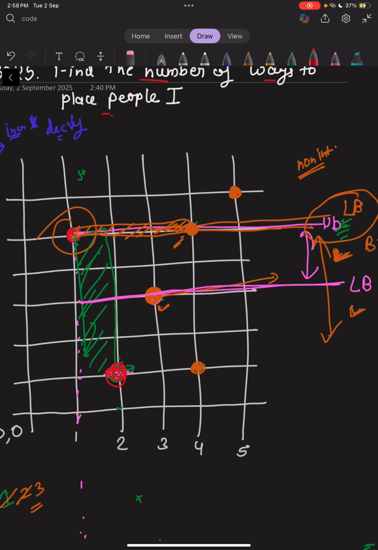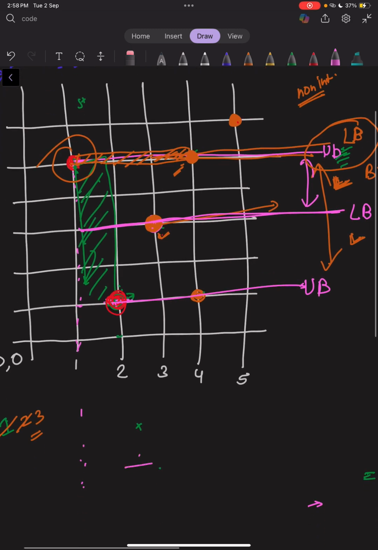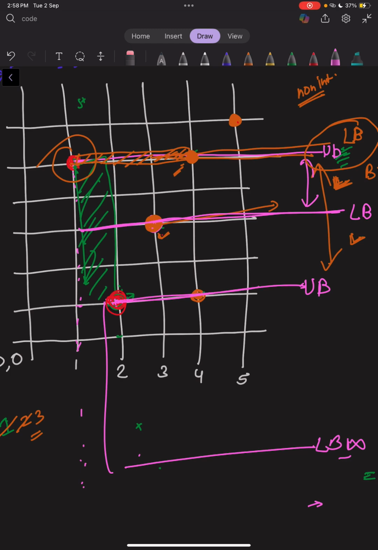The boundary for this one will reset to this, which is minus infinity. And now this is also forming a rectangle, so this will be considered as a rectangle. But since after doing this, the lower bound and upper bound will have the same values, we will break our loop.